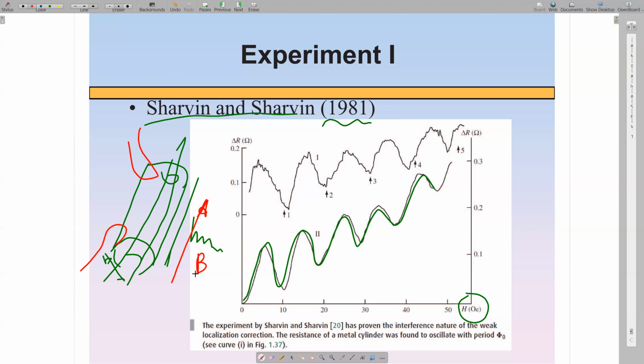Sure, they see the oscillations, and you can see, if you expect the caption, they have a period of a single flux quantum. Who can explain why?